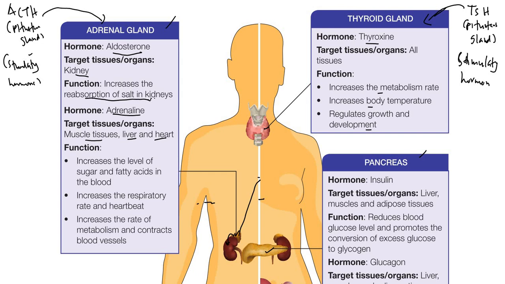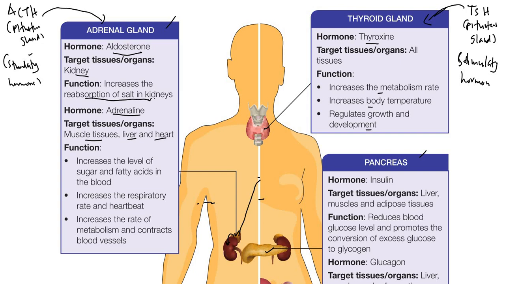The hormone will act on the target organ only, although it has to travel far away from the gland. For example, adrenaline has to travel to the liver, the heart, and the muscle tissue.